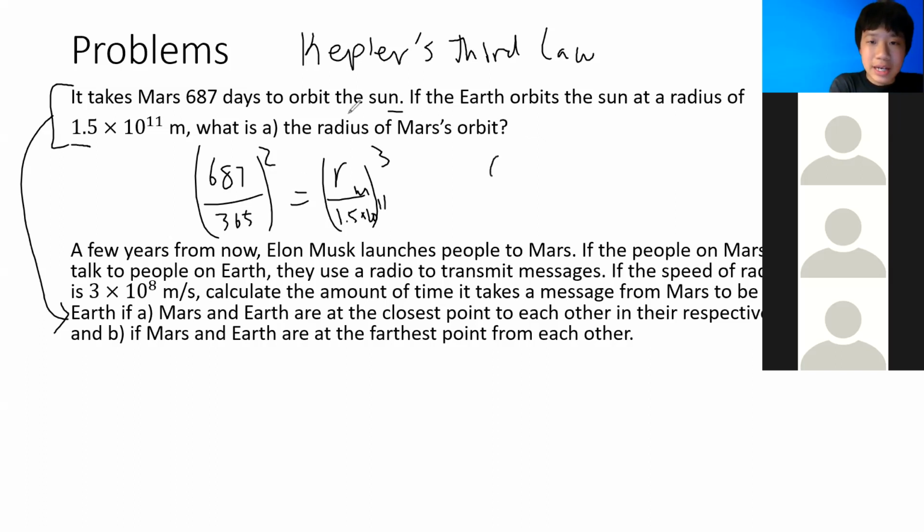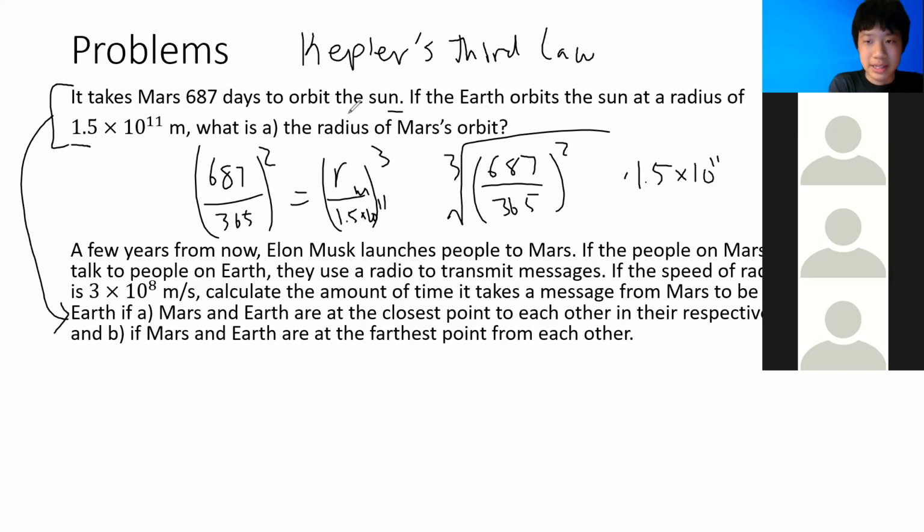We basically have the cube root of (687 over 365) squared, times 1.5 times 10 to the 11th. Okay, so let's simplify this: (687 over 365) squared to the 1/3 power times 1.5 times 10 to the 11th. What do we get?